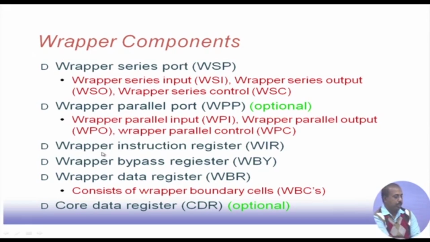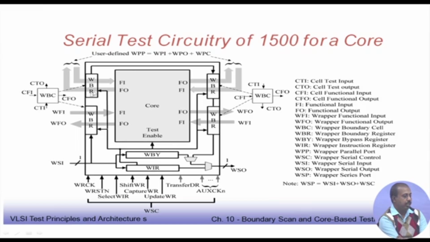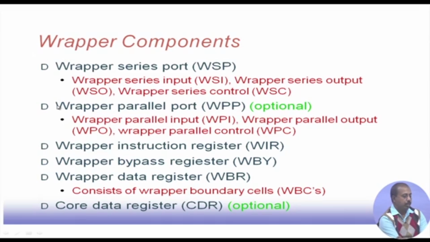Now, there is the wrapper instruction register WIR, we have the wrapper bypass register WBY and the wrapper data register WBR. This wrapper data register has boundary scan cells, WBCs. These WBCs are there in each WBR. There will be a number of WBCs, and that will define the wrapper register.